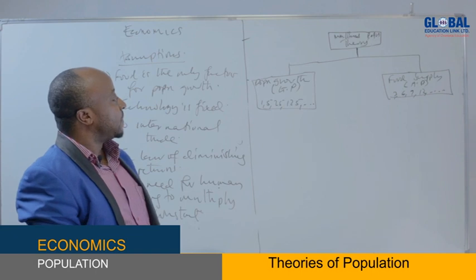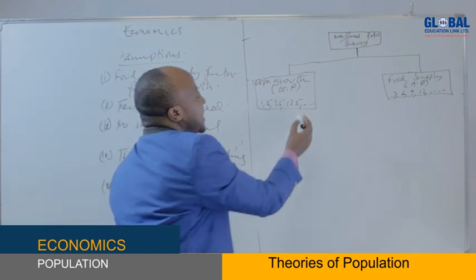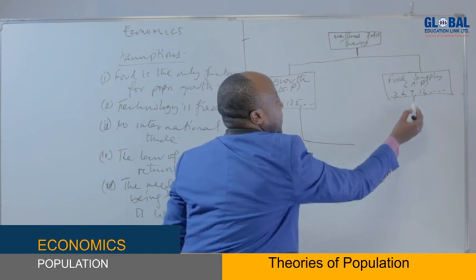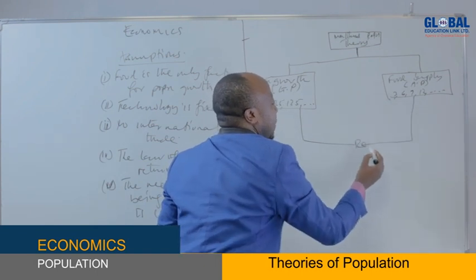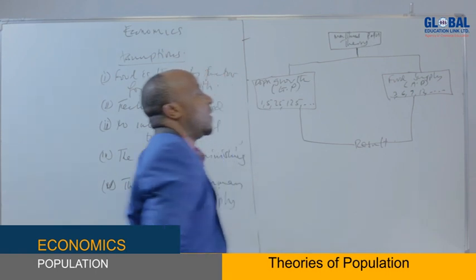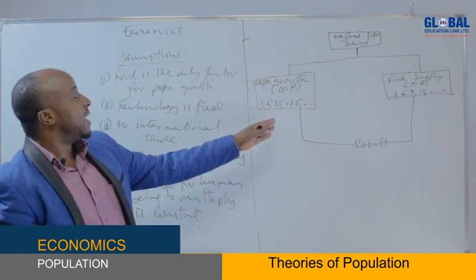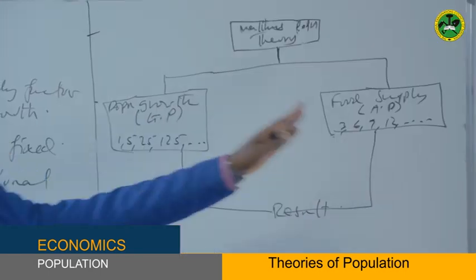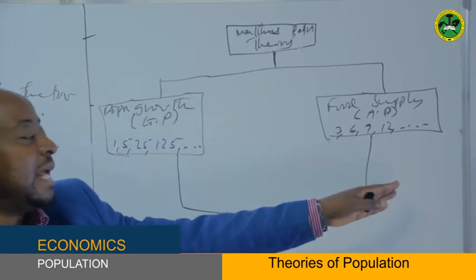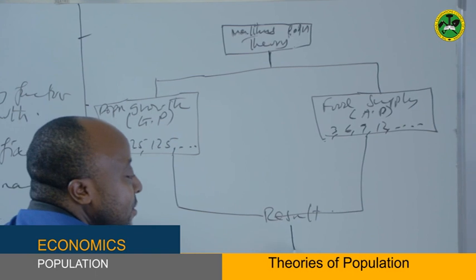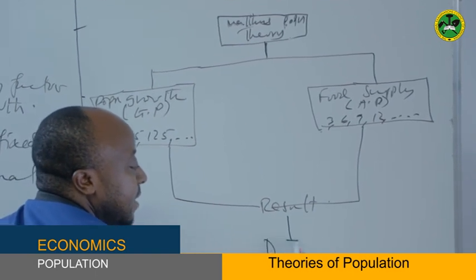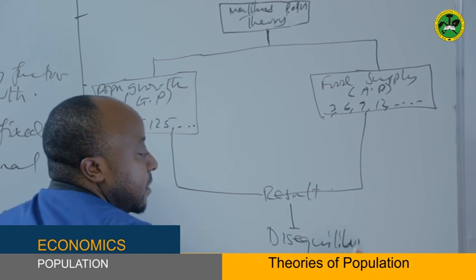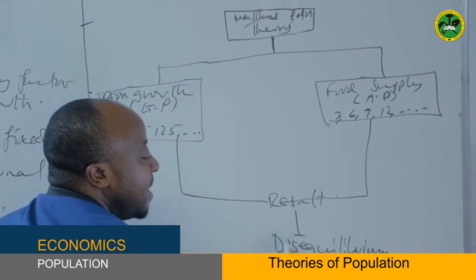Now these two, what are they going to bring to us? They will bring the result. We want to see the result of the two. It means when population is growing at geometric rate and food is growing at arithmetic rate, the result will bring the so-called disequilibrium between the two.